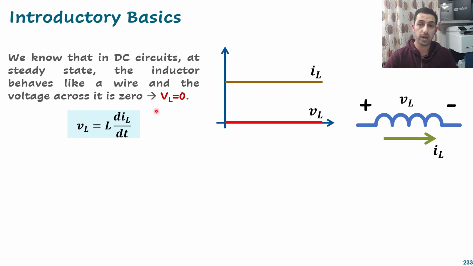But why do we mention this? Because in a switch circuit where we have PWM and we always switch the voltage and current on and off, does the voltage still equal zero?